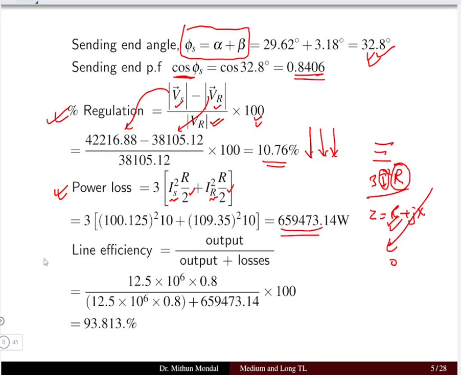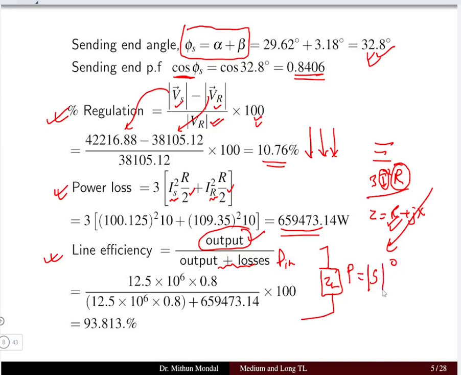Then we can determine the line efficiency. Line efficiency is power output by power input. Power input can be written as power output plus losses. We have been given the power output from the load end. So the load is ZL, whose power output is given, so we can determine it from the value of complex power.